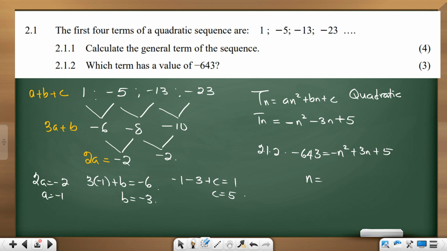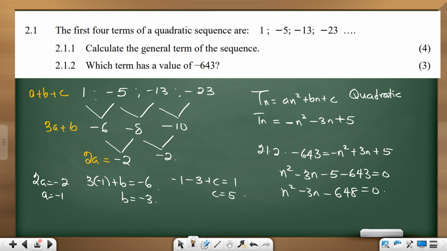Okay, answers? I'm seeing 24. n squared minus 3n minus 5 minus 643. I just brought everything over to the side. So n squared minus 3n minus 648.